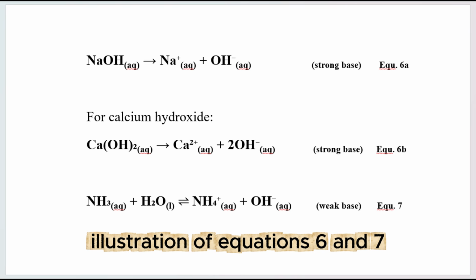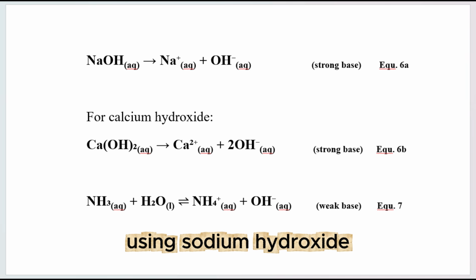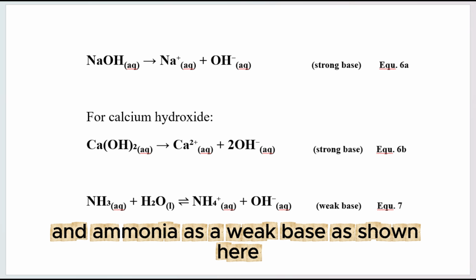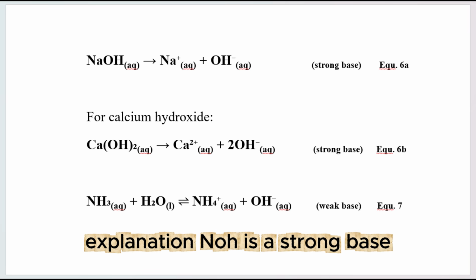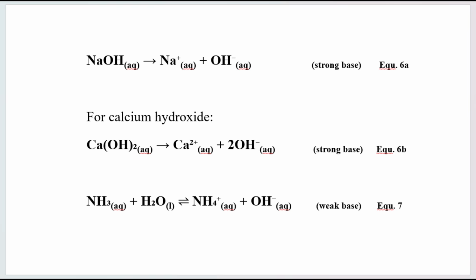Illustration of equations 6 and 7 to describe the strength of bases, using sodium hydroxide or calcium hydroxide as strong bases and ammonia as a weak base, as shown here. Explanation. NaOH is a strong base because it dissociates completely in water to produce OH- ions.